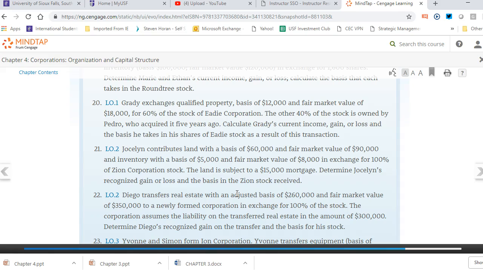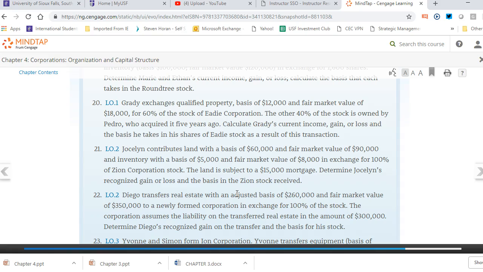And if various parties are doing a transfer, the transfer should be planned out, organized, and then you should get control of 80% or more of the company right after you do that. Well, Pedro contributed 5 years ago. This is 5 years too late, okay? And we don't have the 80% rule. So this is not Section 351.